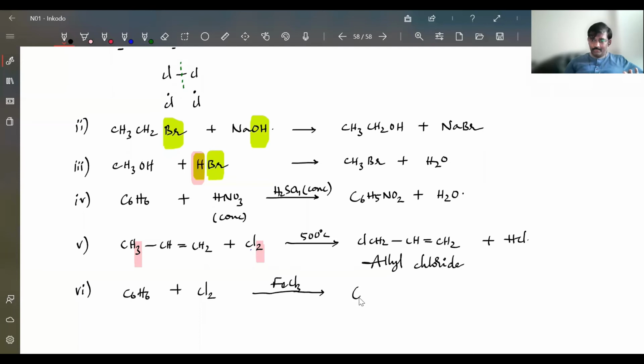That will produce chlorobenzene, C6H5Cl. So from the benzene ring, one hydrogen, the H plus ion, is replaced by chlorine. The Cl plus ion is coming and replaces that, so I'll get chlorobenzene.